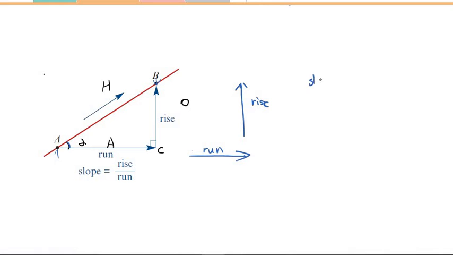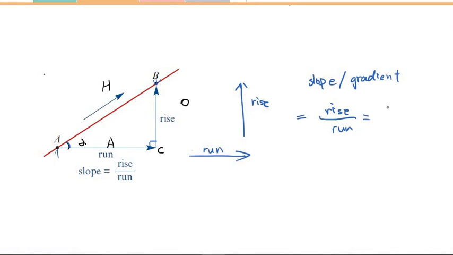To calculate the slope, also remember our slope is our gradient. So to calculate the gradient, we use the formula rise over run: the units that you have to rise over the units that you have to run. Now let's look back at our right angle triangle.